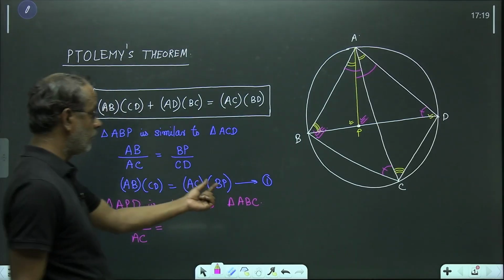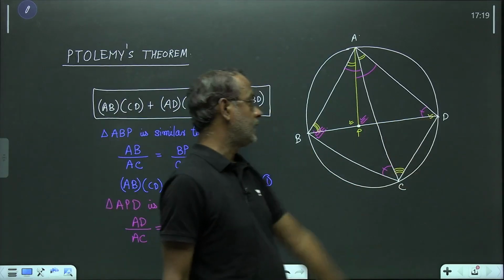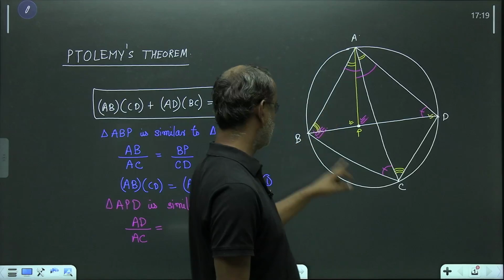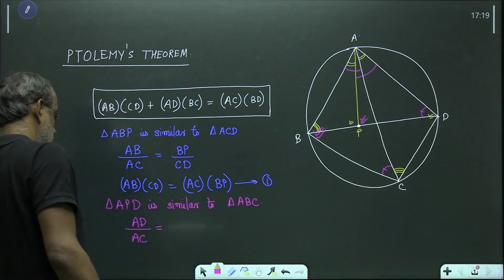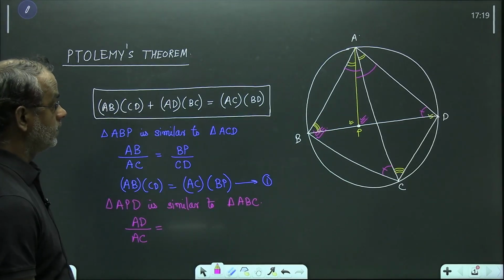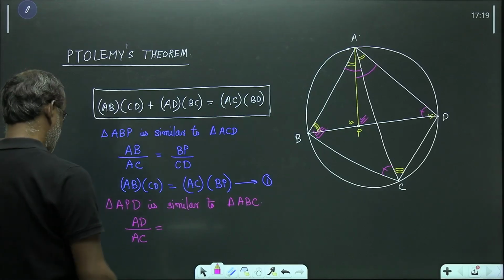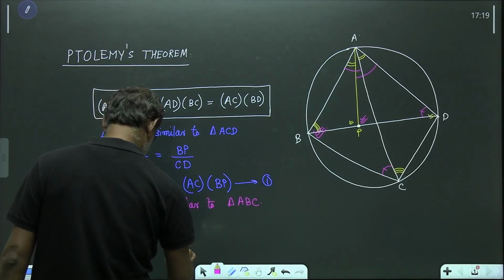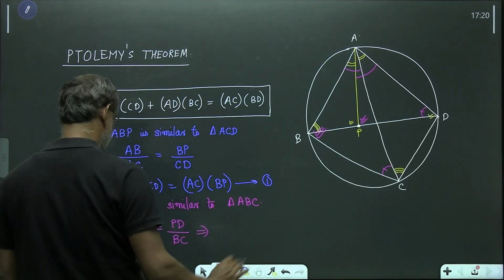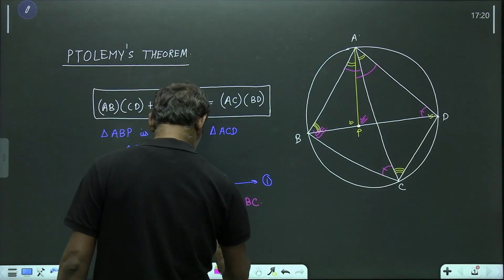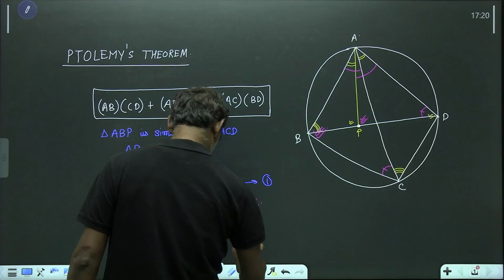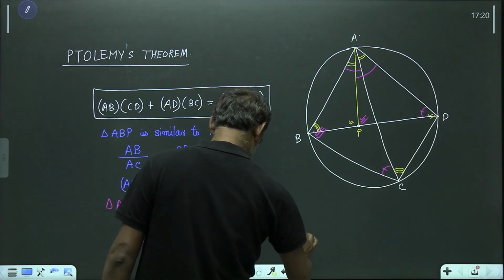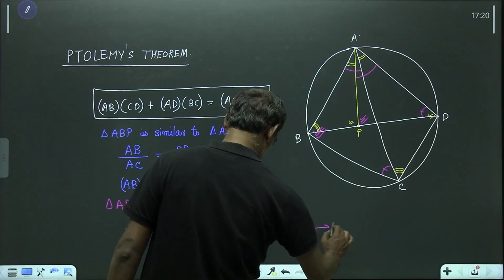We have already got BP, now what we want is PD, and PD is opposite to this angle, which is BC. So it will be PD upon BC. Meaning thereby AD into BC is AC into PD.